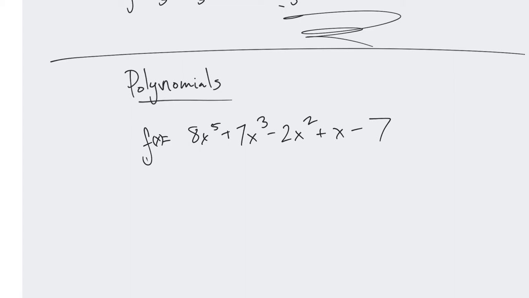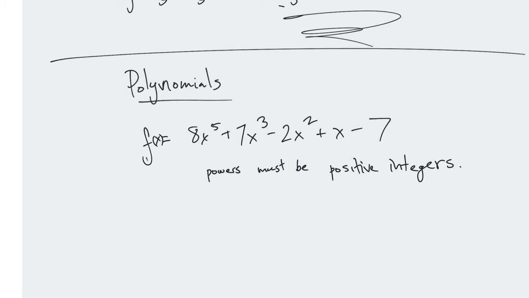And in order to be a polynomial, technically the powers must be positive integers. Integer meaning whole number. You're not allowed to have like a 1/2 power. That is a thing, but it's not a polynomial. Polynomials have integer exponents.